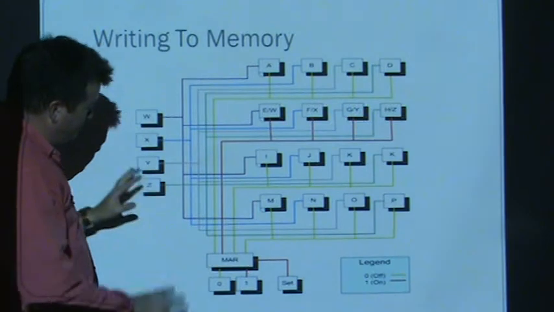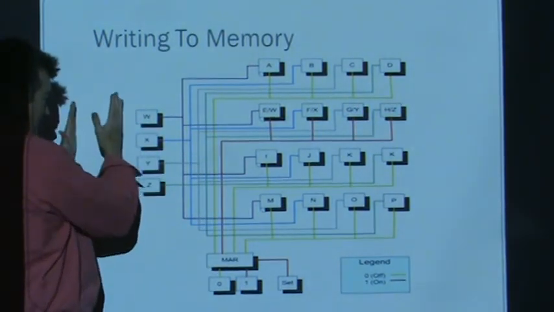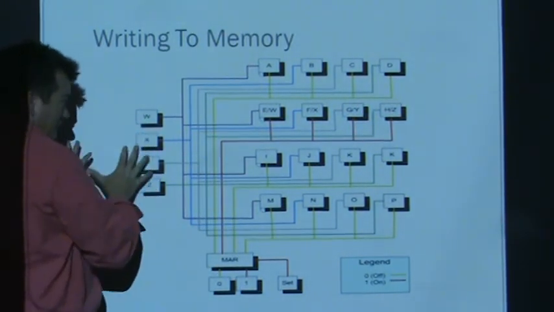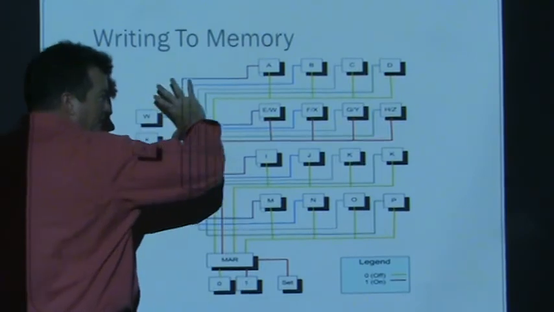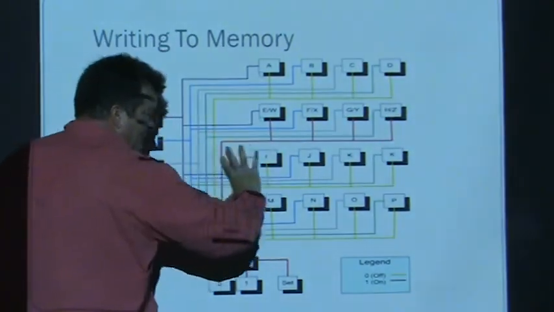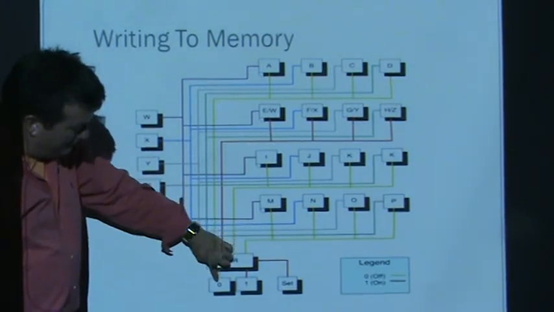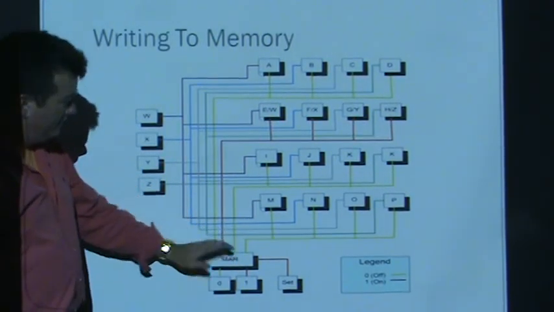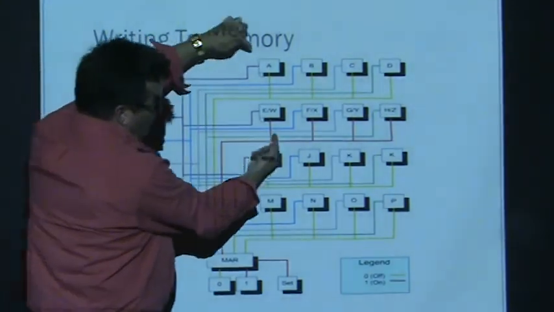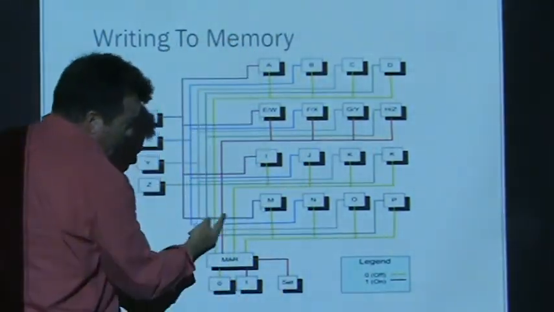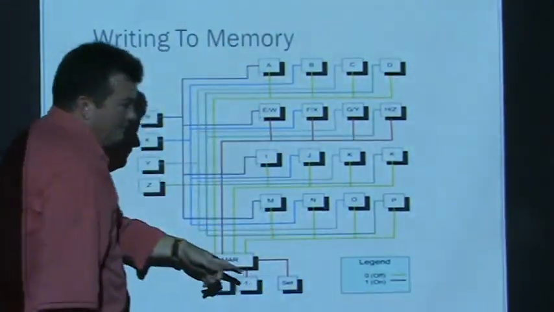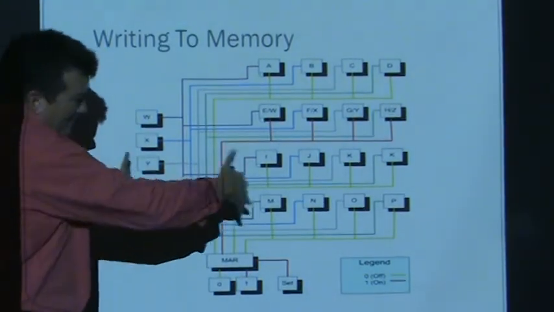To decide which page, if I was going to write a page worth of data, I'd have 2 nibbles of data here, and I want to either write it to these 2 nibbles or these 2 nibbles. I would have an MAR that has a 0 or a 1. I would have just one wire that opens up all 8 of these, or another wire that opens up these 8. And then I could take these 8 bits and copy them over at once.